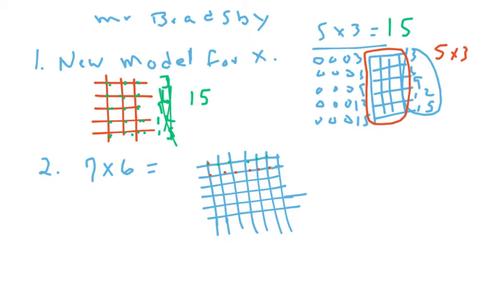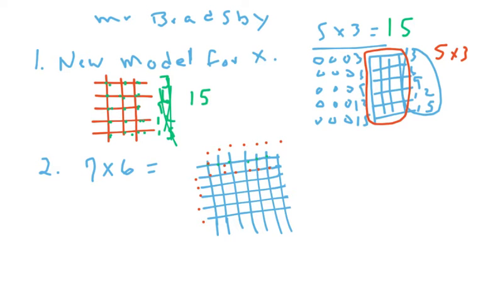Okay, so we've got to have 7. Well, excuse me, I think I was okay to begin with. I've got 1, 2, 3, 4, 5, 6. 1, 2, 3, 4, 5, 6, 7. So that's correct. The model's correct.